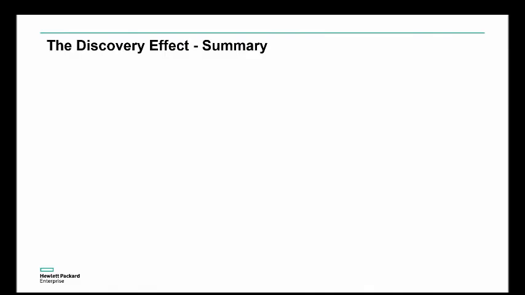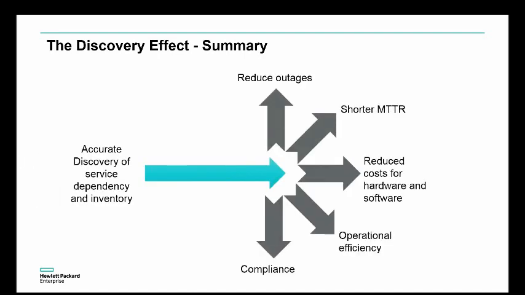And as a summary for these two use cases, we can see that the main drivers achieved by this project usually revolve around reducing outages, shortening the MTTR, the time to resolution, reducing the cost for hardware and software, and getting to operational efficiency with understanding what is connected to what, which service it serves, who owns it, and do we need it or not, and can we reassign it?